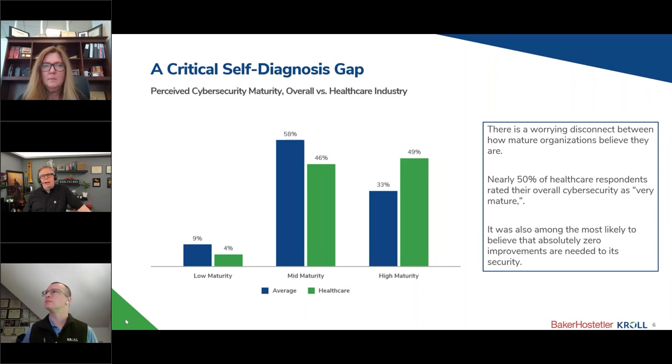So I'm struck by the number of times I've had conversations with IT and security staff at organizations when I ask, how do you rate your maturity? And if I had to sum it all together, I would probably say that 60 to 70% of them all believe they're above average. And we know that doesn't make a lot of sense.